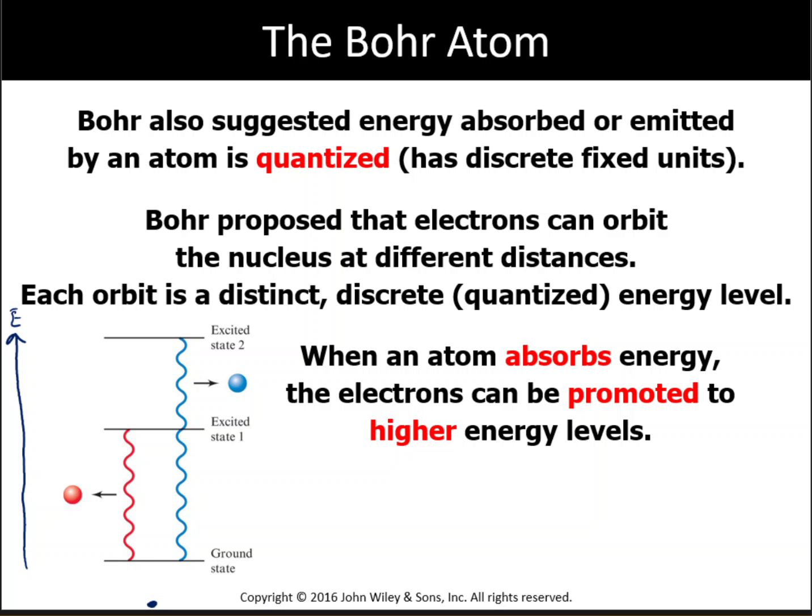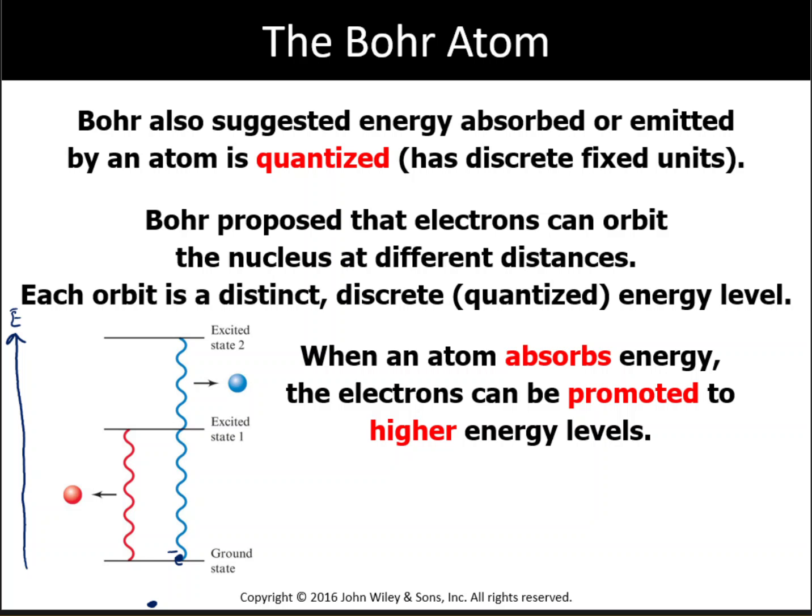Now Bohr suggested that electrons can transfer in between energy levels. Let's just assume that you have an electron that's sitting in the first energy level. So the energy of this electron equals the energy of the first energy level. Now, if we shoot a beam at this electron, the electron is going to absorb the energy of that beam.